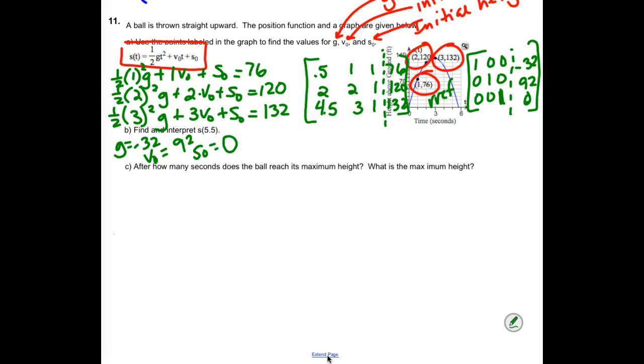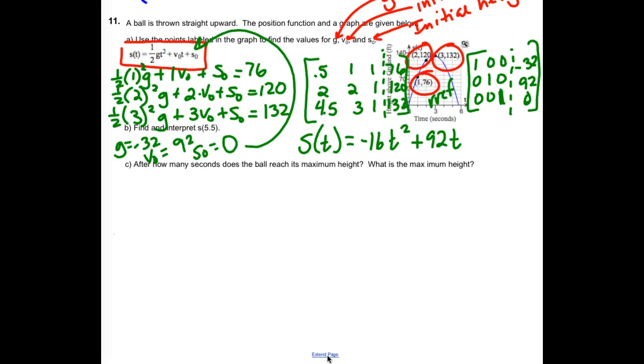So my equation, if I take these now and dump them back in, I say S of t is 1/2 times -32. Let me just put that as -16 t squared plus 92t plus 0. Okay? Now, part B says, find and interpret S of 5.5.